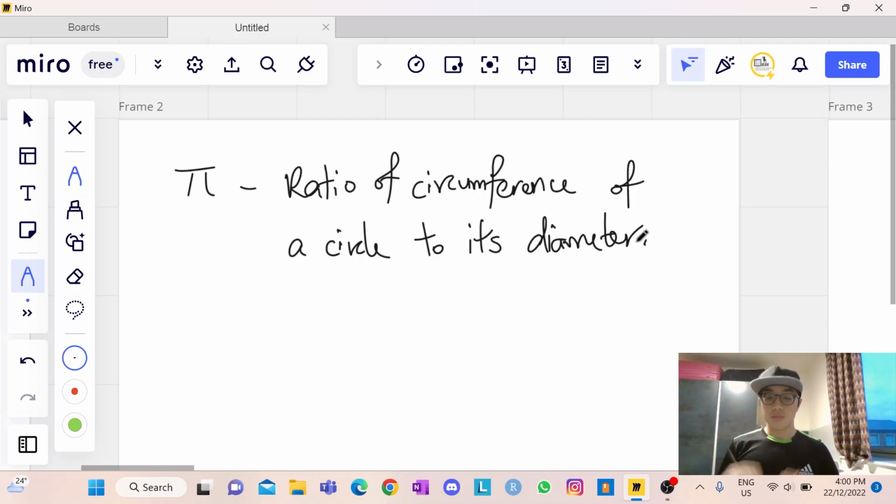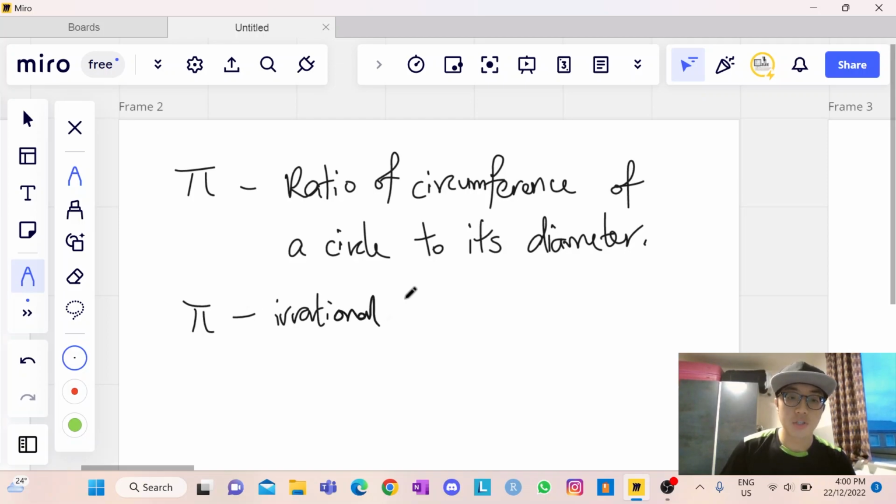I don't totally understand that, but just remember, if you see any calculations about circles or spheres, you're going to expect to see pi somewhere. Pi is an irrational number, which means that you cannot express it as a fraction.